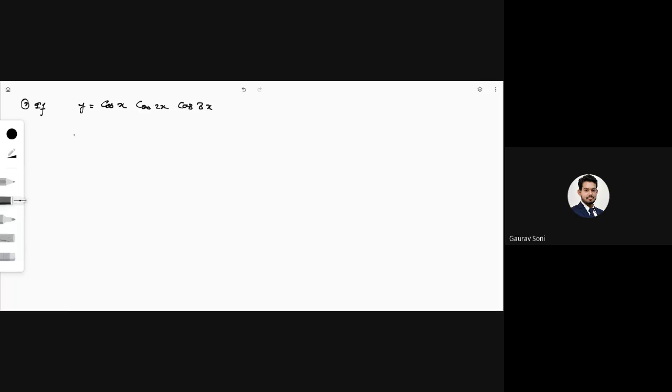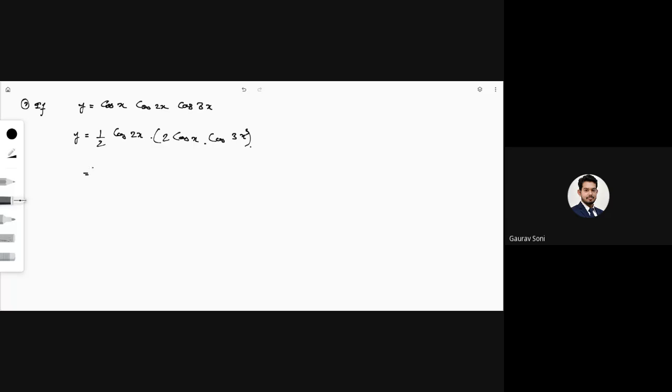So y is equal to 1 by 2 cos of 2x in bracket 2 cos x cos 3x. I have multiplied and divided by 2 there.